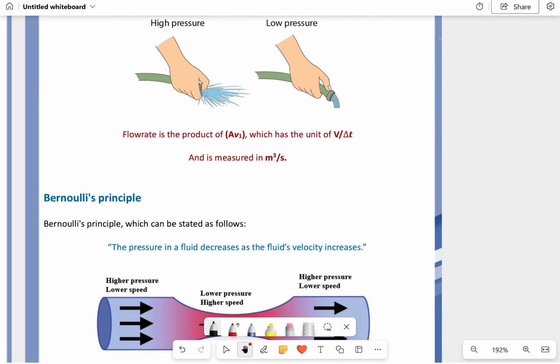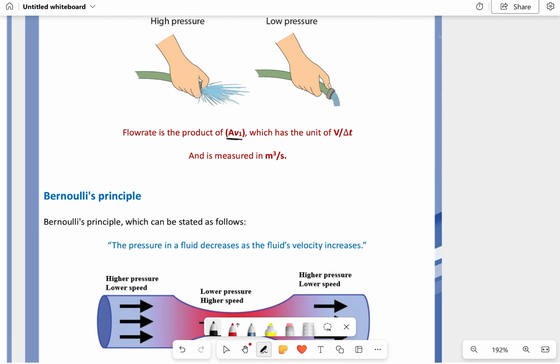By the way, flow rate is area multiplied by velocity, which has a unit of volume divided by time, meter cubed divided by second. We're going to use this equation, careful.